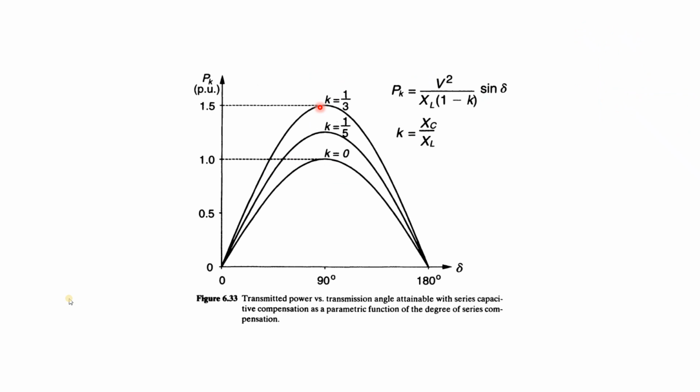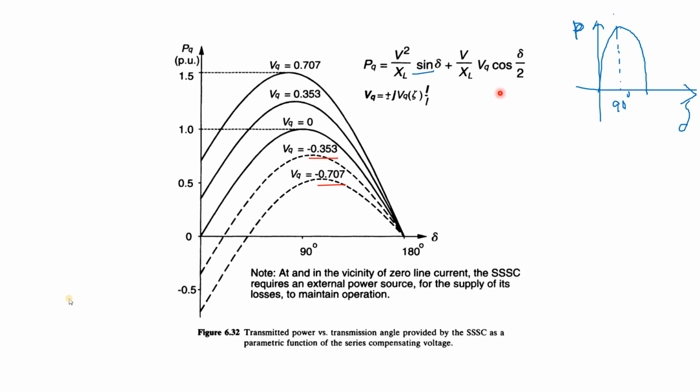Why independent of delta? Because in the series capacitor case, we are changing the value of K, and the power is increasing and decreasing. So it is dependent upon both K and delta. But in the SSSC case, the power is increasing and decreasing based on the value of VQ, the voltage injected by the SSSC.